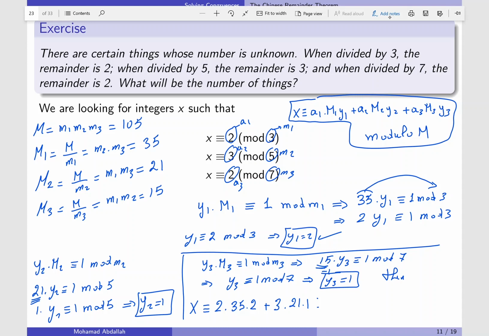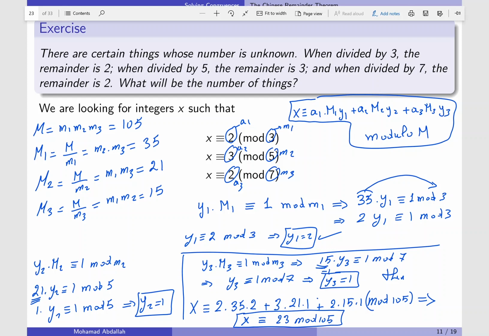And then, similarly, I'm going to have 2 times 15 times 1. This is mod capital M. What's capital M? 105. So then, if you find this number, you're going to get 23 mod 105. Of course, after reducing mod 105, this is going to be our solution.